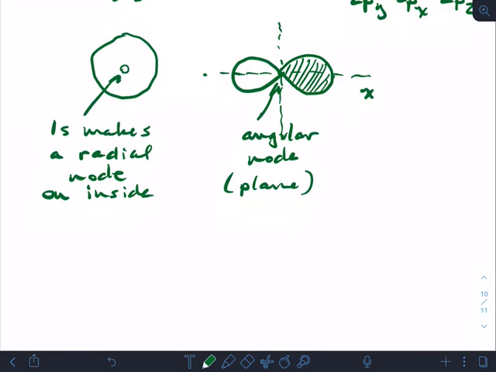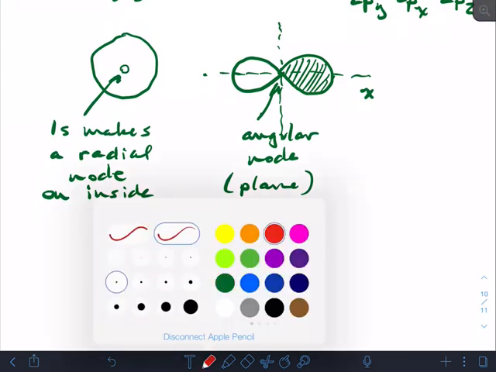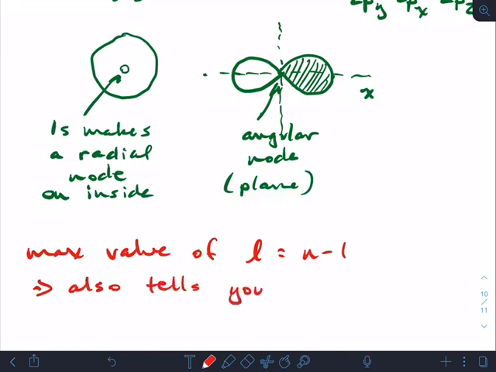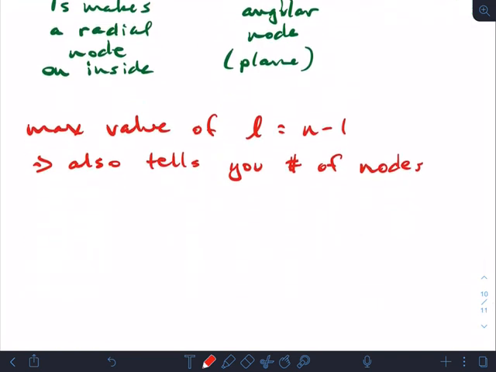All right? So another little trick, because the max value of L is n minus 1, that means that it also tells you the number of nodes. The L value does.